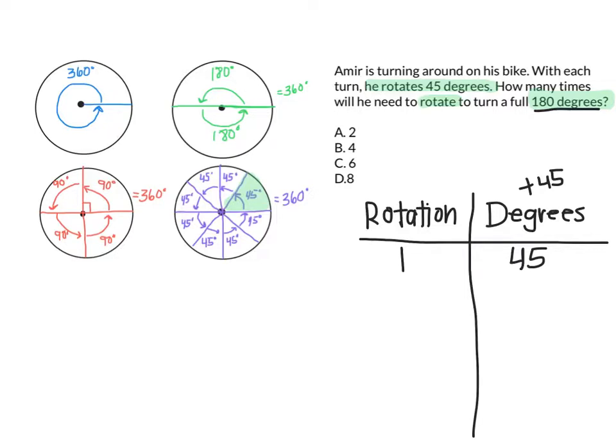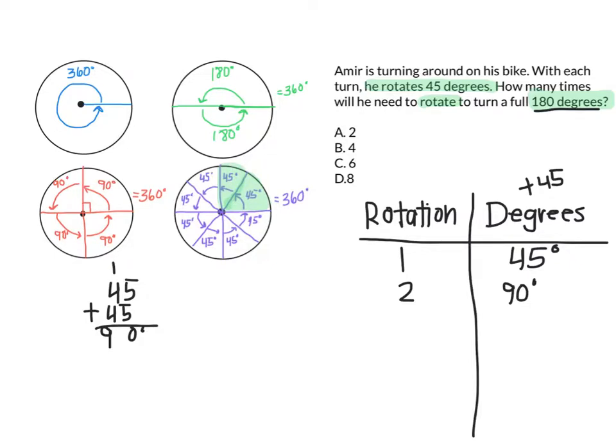So with one rotation, 45 degrees. Let's look at a second rotation. So we need to add another 45 degrees. So we add 45 plus 45. 5 plus 5 is 10. 4 plus 4 is 8, plus 1 is 9. So that's 90 degrees. So that's our second rotation.